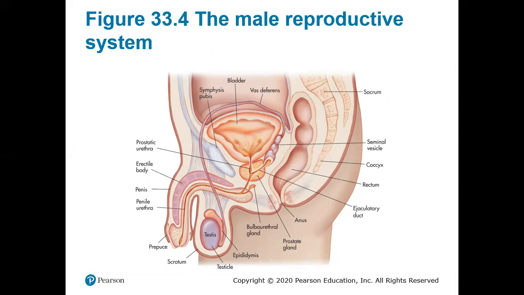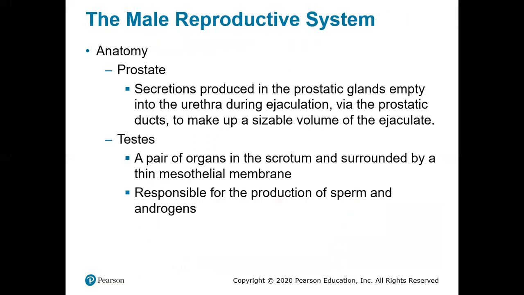So the male reproductive system begins on page 572 in the text. Figure 33.4 details the anatomy, diagrammed and labeled out. The male reproductive system anatomy consists of the prostate.